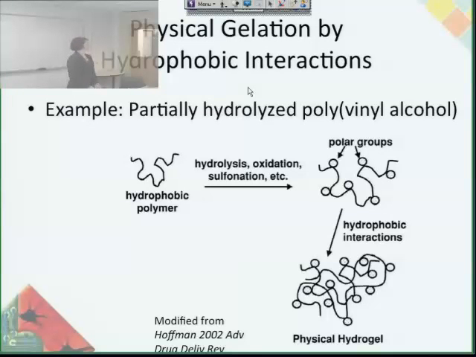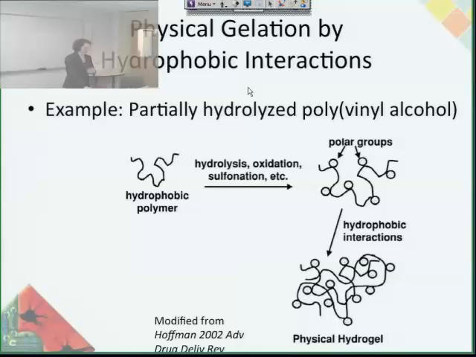Okay, so we can talk about physical gelation in a number of ways. There's hydrophobic interactions, and that's when you might take a hydrophobic polymer and make it more hydrophilic by changing the side groups to be more polar and more hydrophilic, by hydrolysis or oxidation.